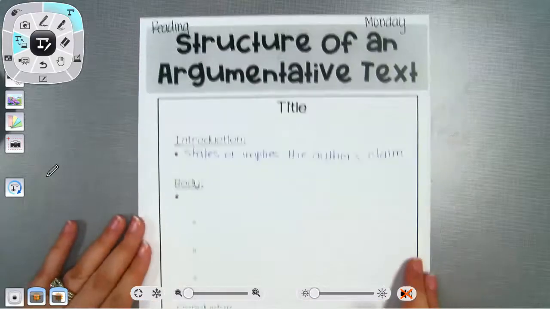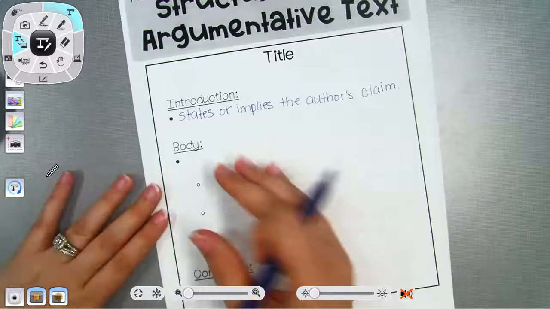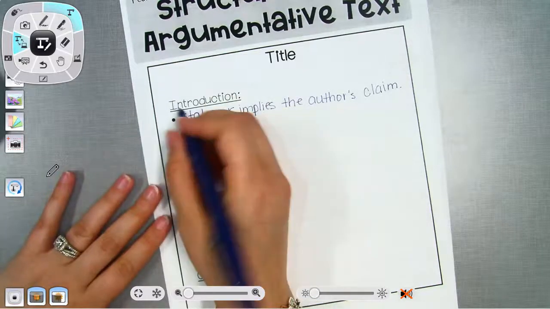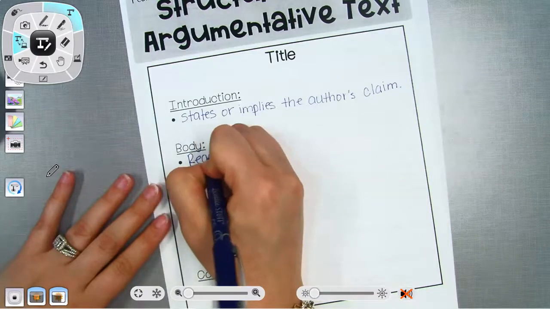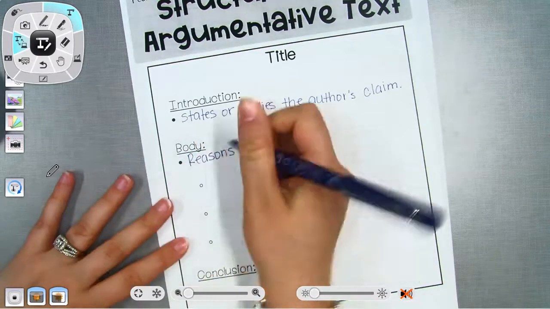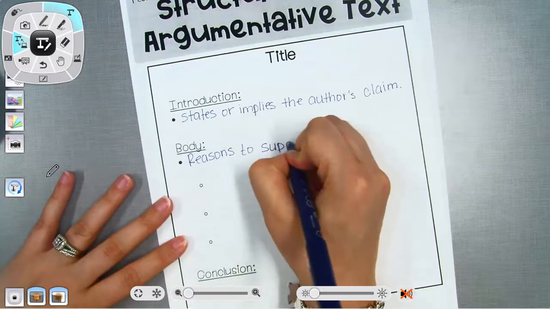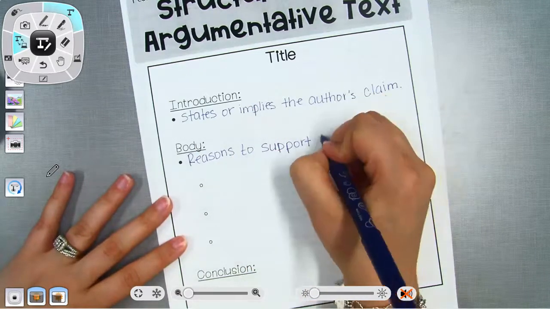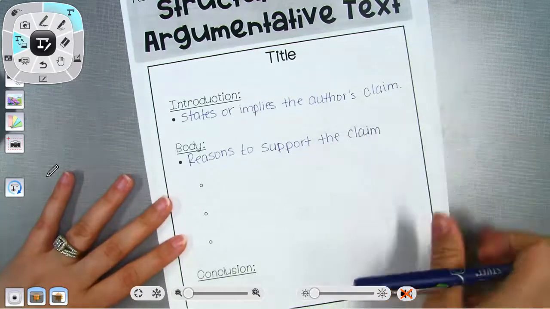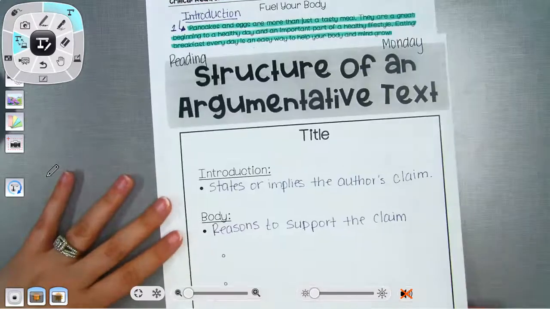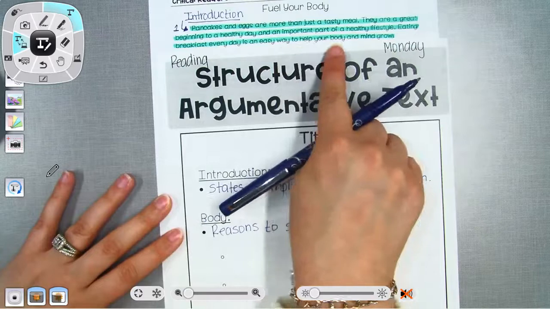The next thing is it's going to have a body. Okay, and the body of our text is going to give us reasons to support the claim. Okay, so here we talked about how eating breakfast every day is an easy way to help your body and mind grow.